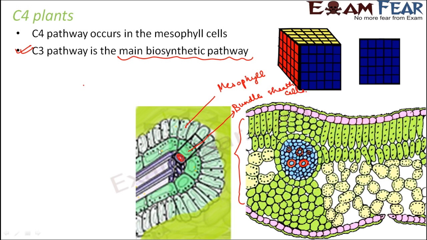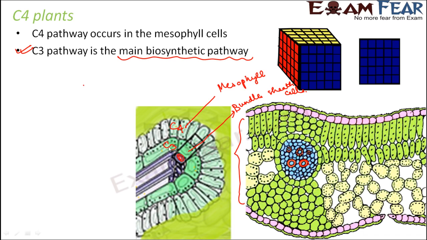Now it has been observed that in the mesophyll cells, C4 pathway takes place, but in the bundle sheath cells, C3 pathway takes place. So what happens is the cycle starts at mesophyll layer, and then from mesophyll it gets transported to bundle sheath.